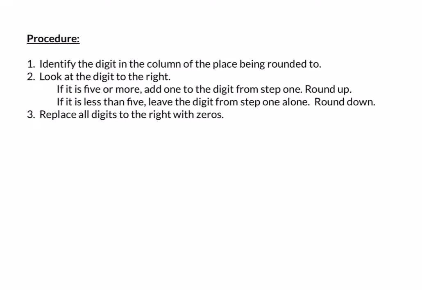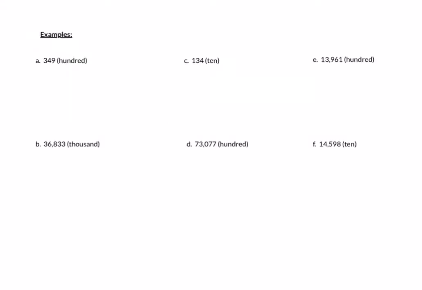We call this rounding down. After we finish with our digit, doing something to it or leaving it alone, the next thing we want to do is replace all digits to the right with zeros. Okay, so let's go ahead and look at some examples.